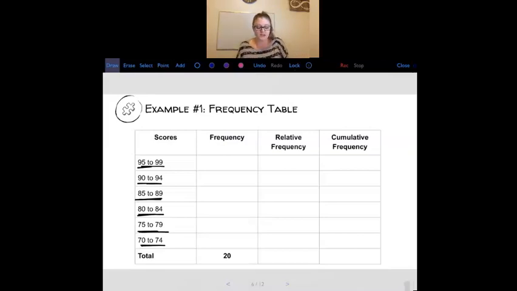And then in order to determine the frequency, you count how many are in that category. So in this case, our categories are those 5-point bins or 5-point groupings. Okay, another way to think of bins is a specific grouping.